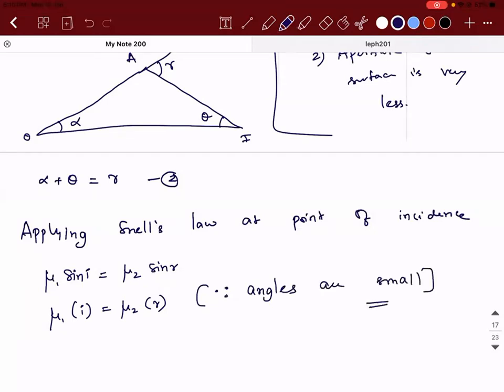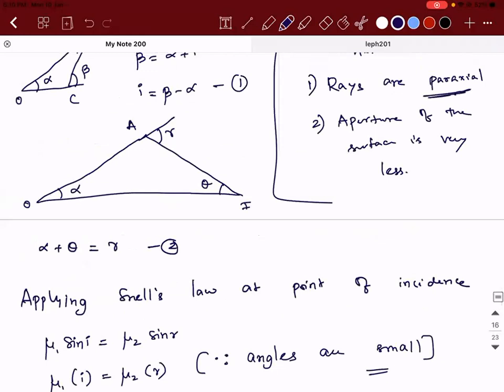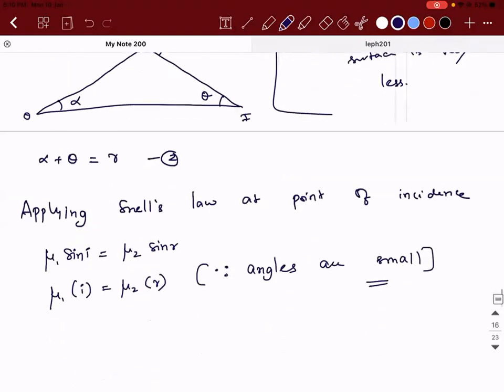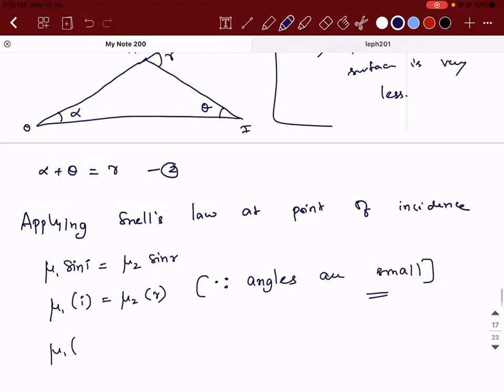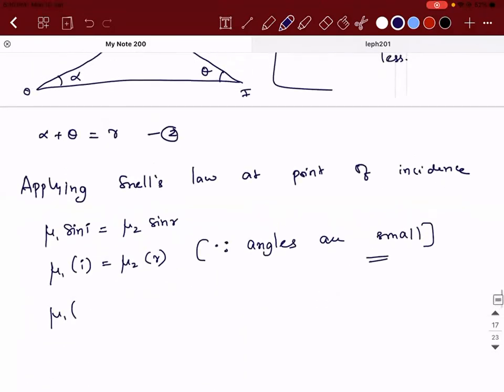How did I conclude that the angles are small? Because the rays are paraxial. So I can write mu1 into I, which is beta minus alpha, is equal to mu2 into R, which is alpha plus theta.